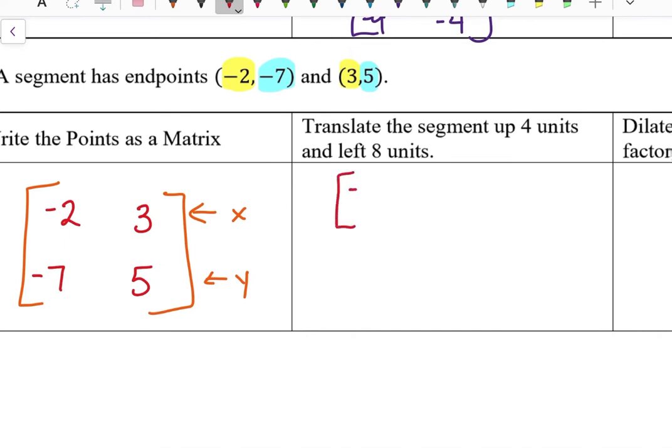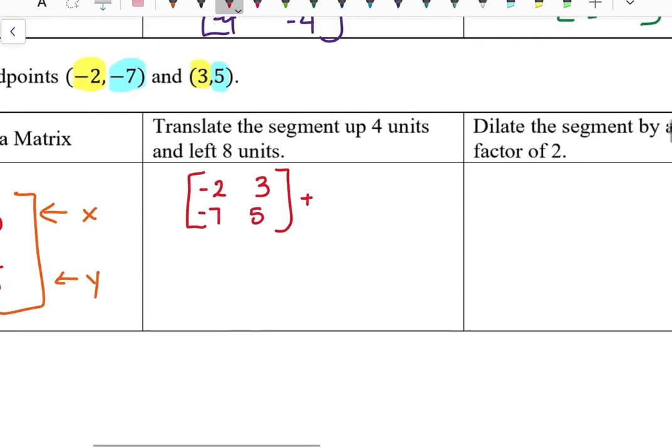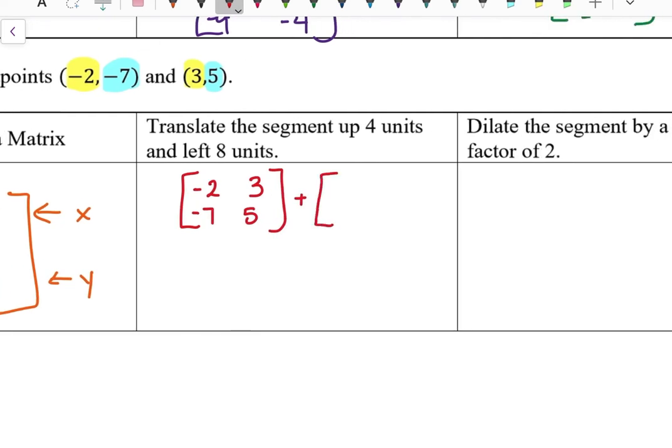So I'm going to take my matrix, -2, 3, -7, 5, and I'm going to add something to it. I'm going to add another 2 by 2 matrix that'll affect it the way I want it to. So I'm going to take a look at going up 4 units. Remember, when you're going up and down, that's the y value.